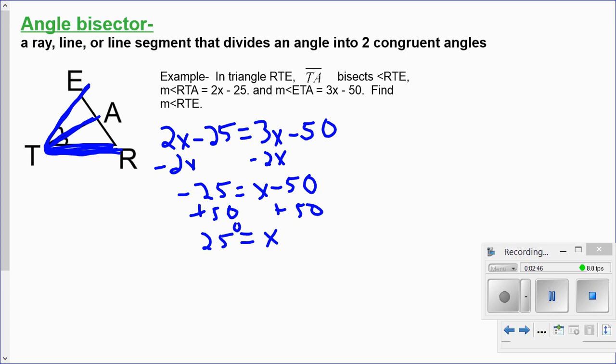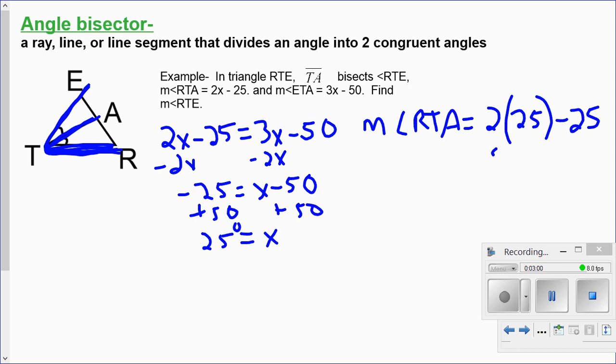So I'm going to just substitute back in to find the measure of angle RTA. So that is 2 times, we just got 25 was x, so 2 times 25 minus 25. And when I do that, I'm getting 50 minus 25, which is 25 degrees. So the measure of angle RTA is 25 degrees.